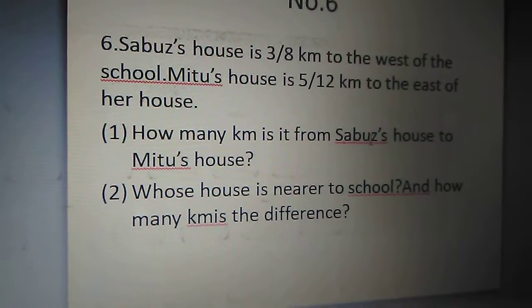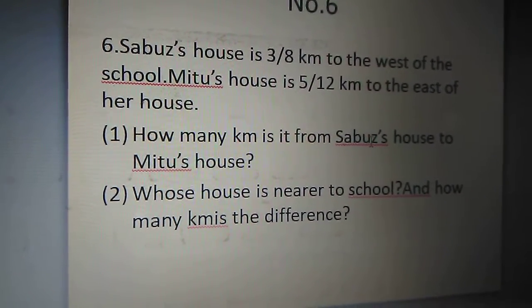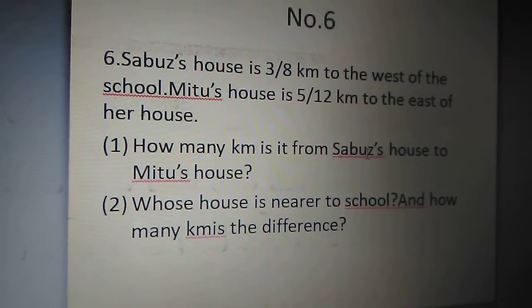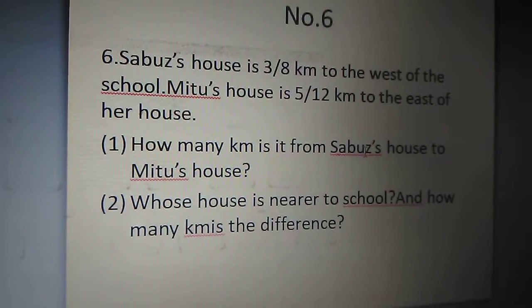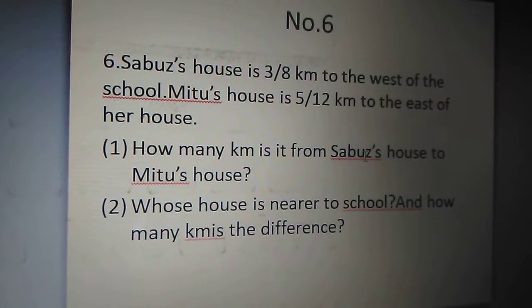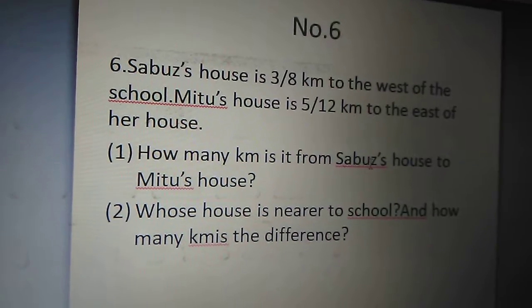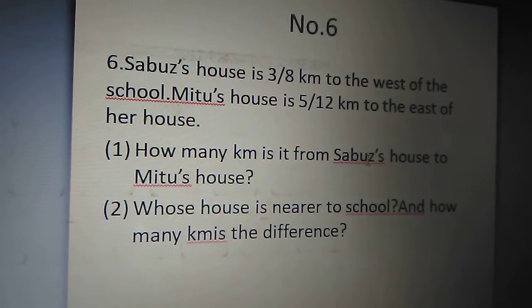Now, how many kilometers is it from Shobu's house to Mitu's house? The distance from school to Shobu's house is given and the distance from school to Mitu's house is given. So if you add the distance from Shobu's house to school with the distance from Mitu's house to school, then you will get the total distance.